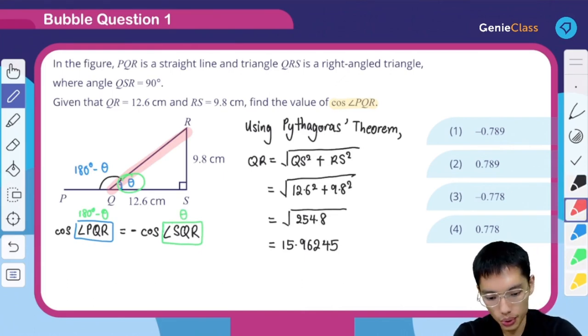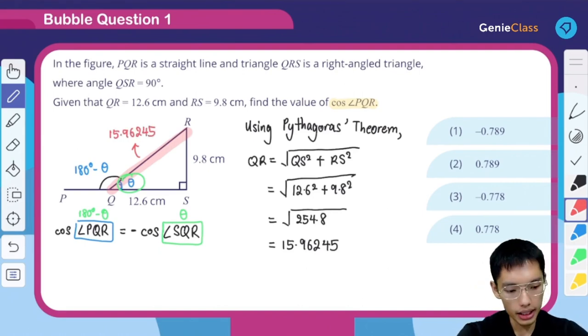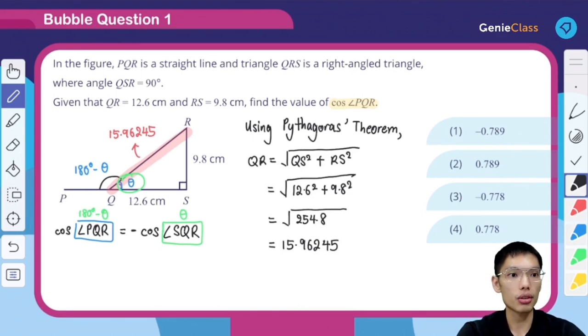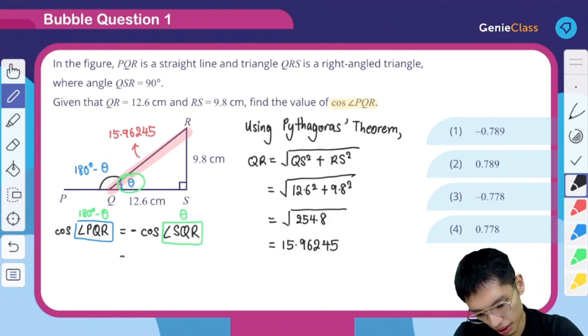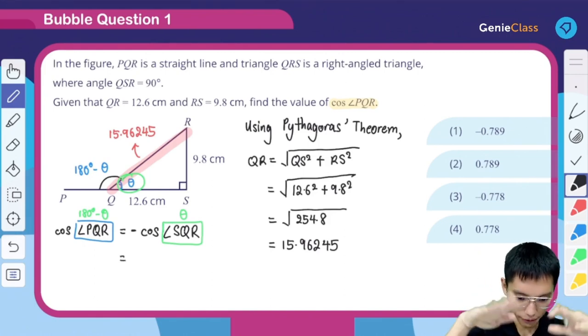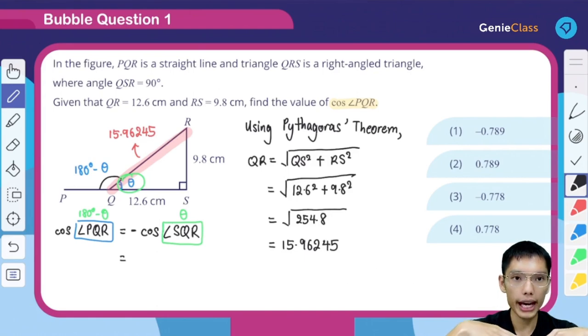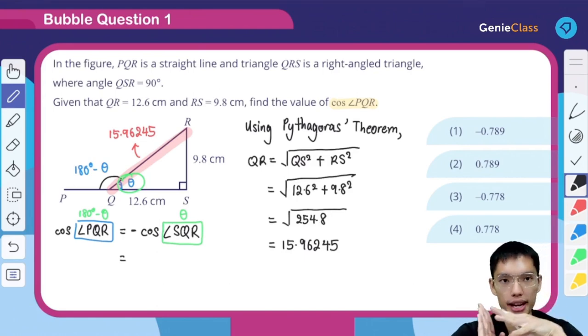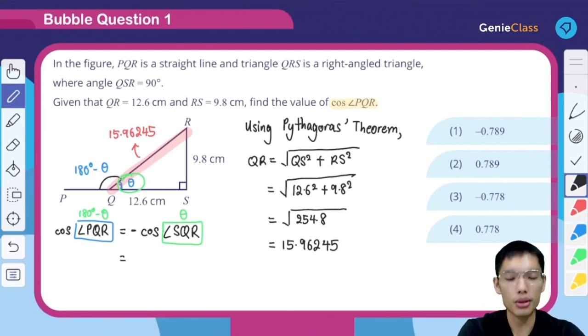Since we know this is going to be 15.96245, linking back to your cosine again, what is it? Adjacent over hypotenuse. I roughly get what you mean, but just take note, the trig functions have to be equal. I cannot have cosine equals to sine, sine equals to cosine. I think that one refers to 90 degrees, but I don't think you need to go through it for this question.